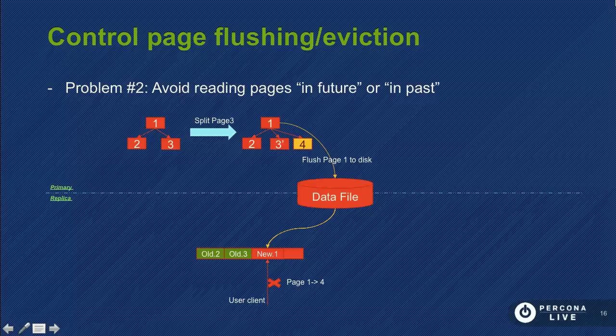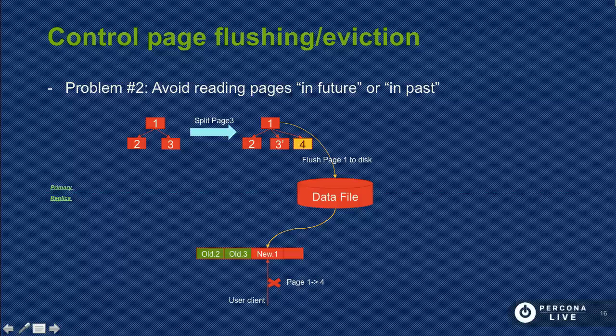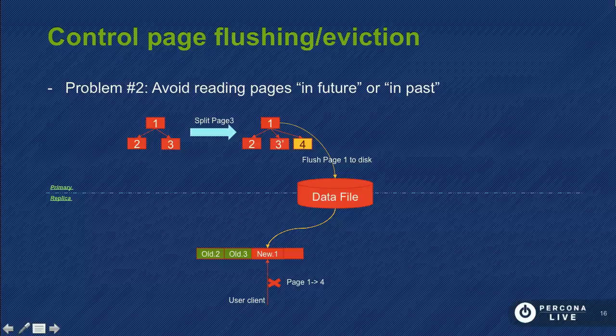So if the page cleaner thread flushes page 1 to the data file before flushing other pages, then on replica, a user client will read page 1 into buffer pool and then try to access page 4, which hasn't been initialized on disk.